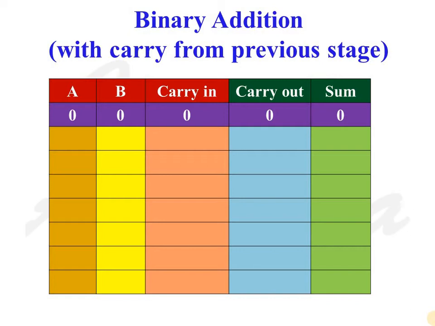If all inputs are zeros, then sum is equal to 0, carry out is equal to 0. If number of ones in the addition operation is 1, then sum is equal to 1. If number of ones in the addition operation is equal to 2, then sum is equal to 0, carry is equal to 1.